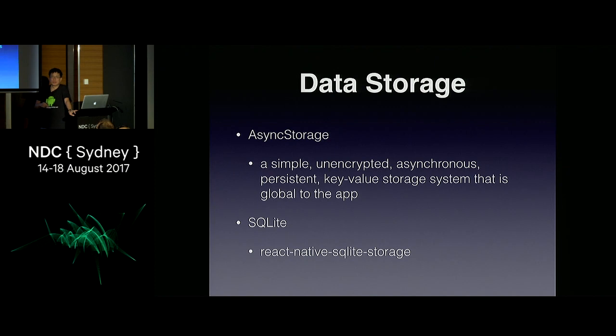But if you want to store structured data using SQLite, there are a lot of components out there. You can use the React Native SQLite storage component. Again, install that into your project, link that with your project, and then you can have access to SQLite database.